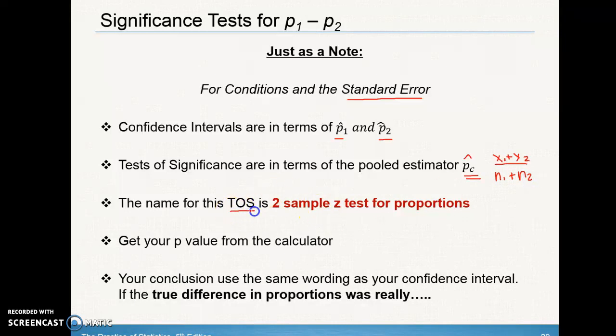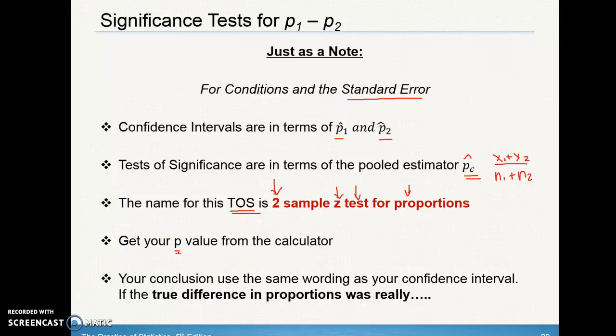The name of this test of significance is 2 sample z-score test, because I have 2 samples, because I'm doing a test and not an interval, and proportions, because I have proportions and not a mean. You're going to get your p-value from the calculator.